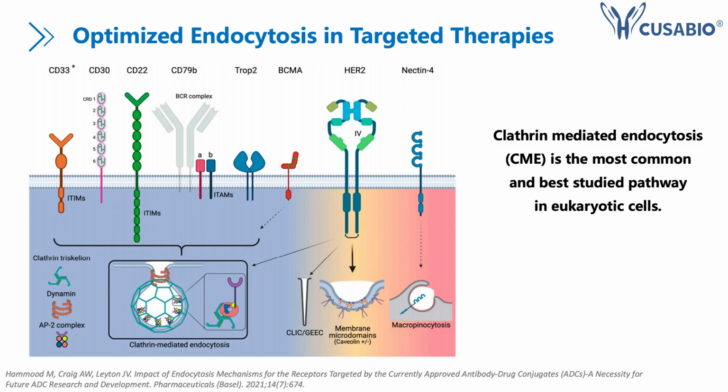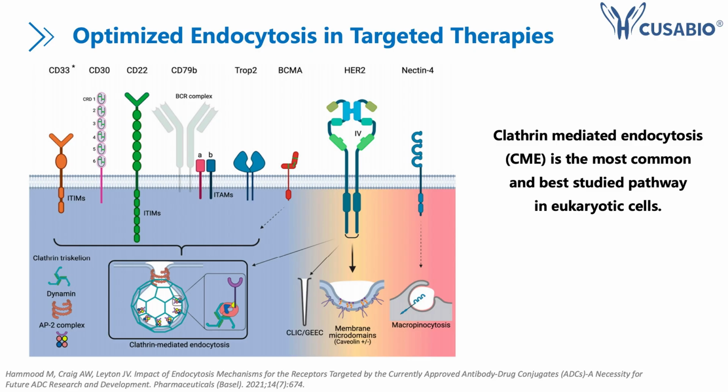As you see here, TROP2 and BCMA have the CME pathway. For Nectin-4, the novel target, it seems not. It's a receptor-independent pathway. And HER2 seems to be a pretty complex one. The endocytosis mechanism for HER2 is pretty diverse, including CME, but also caveolin-mediated, and also CLIC and JAK.